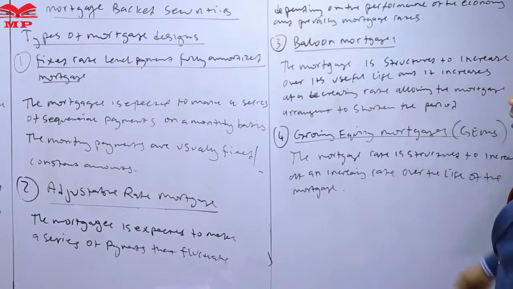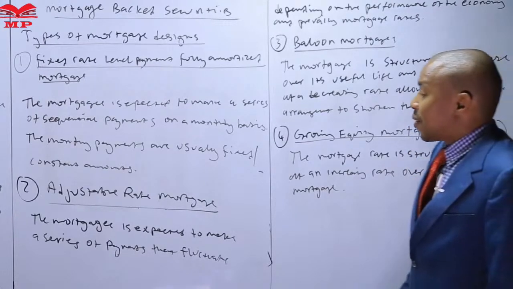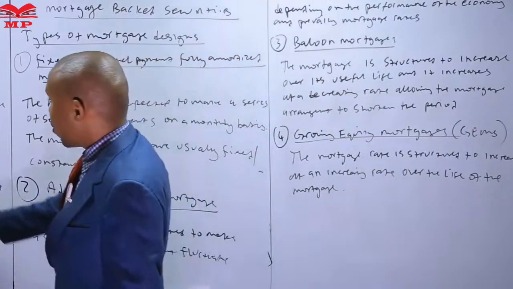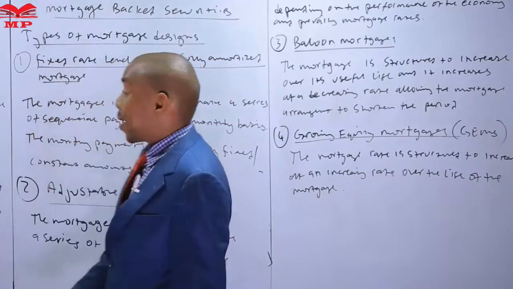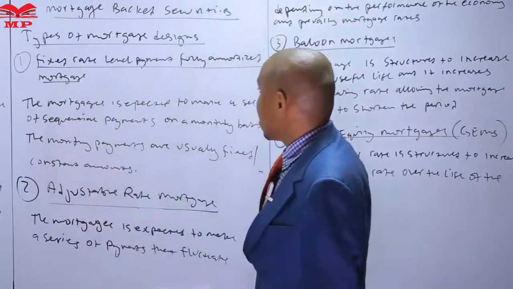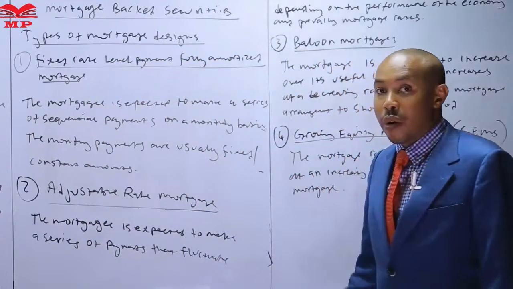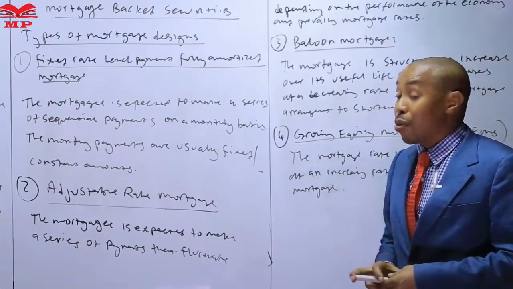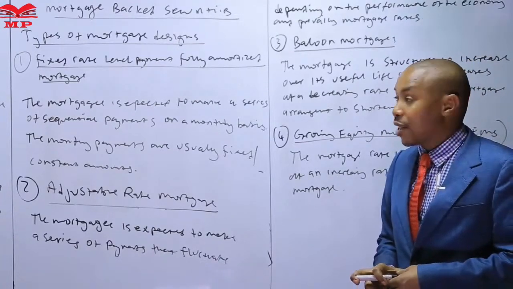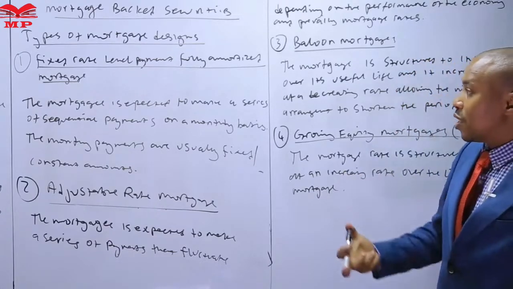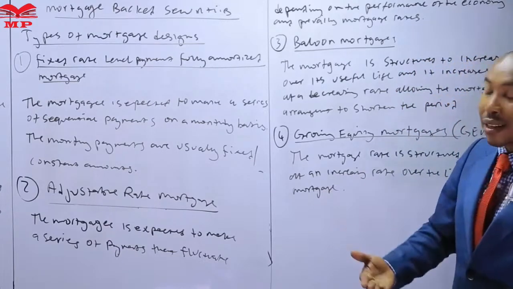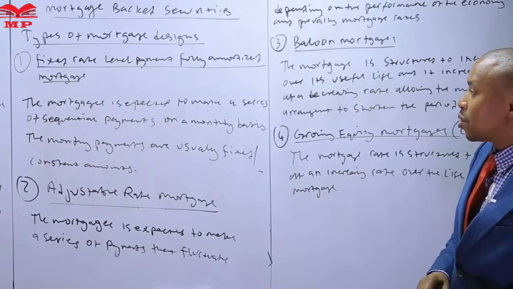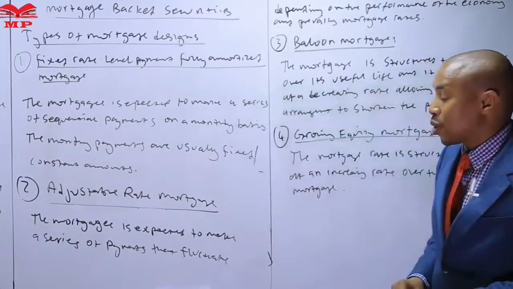Now, having looked at the types of mortgage designs, these are the 4 types of mortgage designs. We now look at an example of how we can apply the fixed rate level payments and fully amortized mortgage. We expect to understand how an amortization schedule looks, so that we can see and understand in depth the details about this fixed rate level payment amortized mortgage.